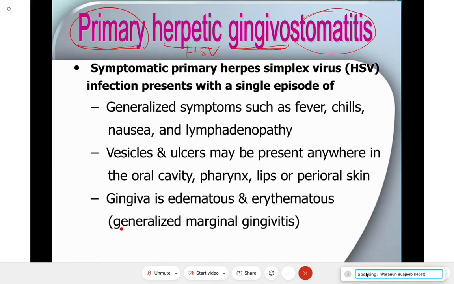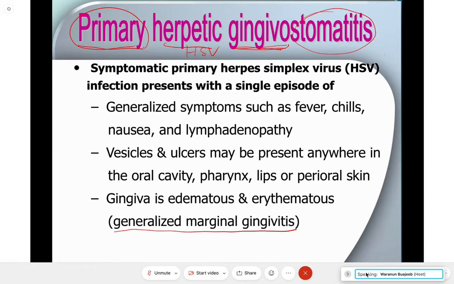That is generalized marginal gingivitis, but sometimes localized marginal gingivitis can also be noticed. If you ask the history of patients affected by primary herpetic gingivostomatitis, they will have fever and nausea for a few days before the lesions develop.